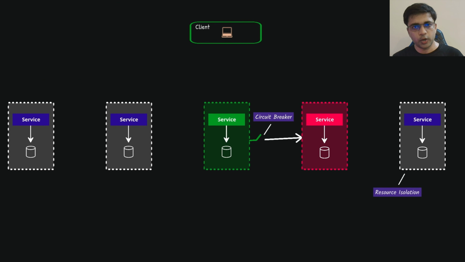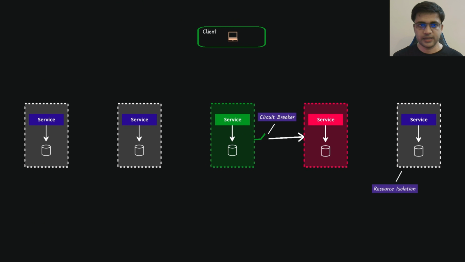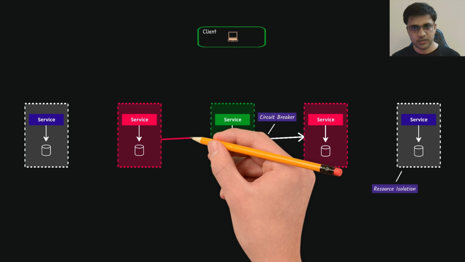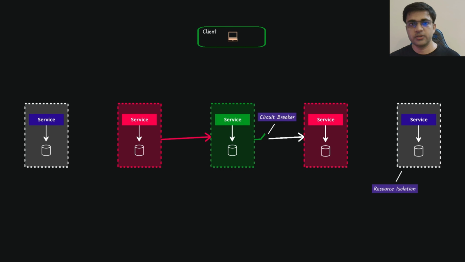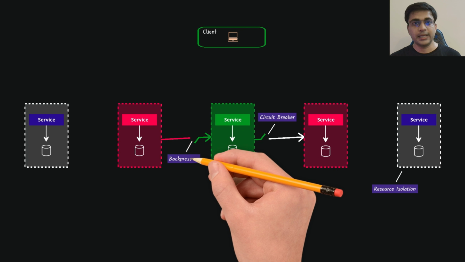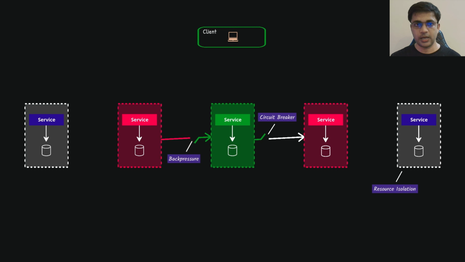And similarly, the problem can also travel in the other direction. Say the caller service is running under high load, and because it depends on another service, it keeps calling the downstream service. This pushes a large amount of traffic to the downstream service, more than it can handle. In that case, the downstream service can use backpressure. This means it tells the caller, I cannot handle more requests right now.